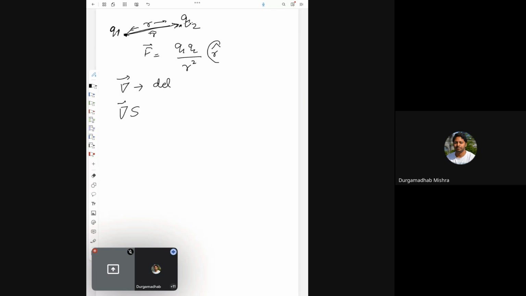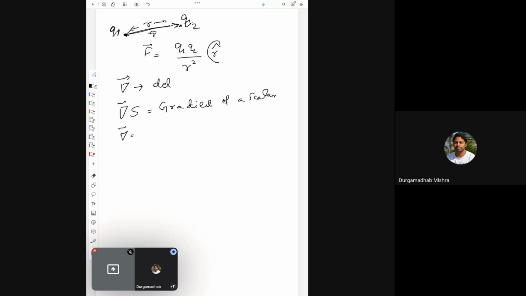The first thing we talked about is the operator which we call the del operator, and this is a vector operator. Now I can operate it on a scalar, and what we call it is the gradient of a scalar.